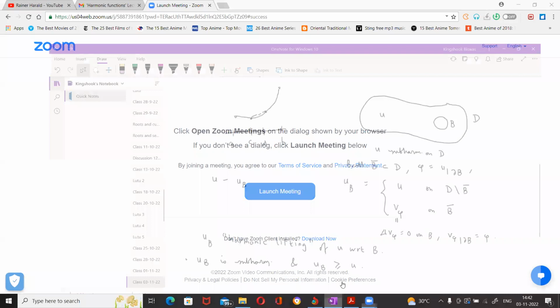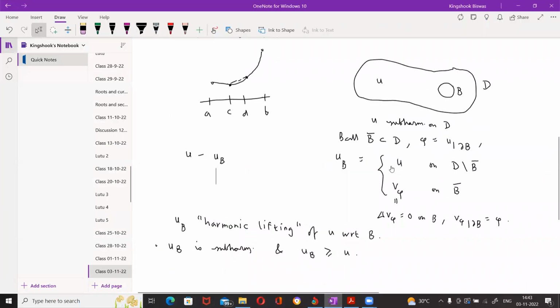So let me recap the argument. You have the Perron solution U, and suppose U is continuous, then it's going to be subharmonic. The one catch is we have to assume U is continuous. The actual argument is a little more involved, but let me take the simple case.